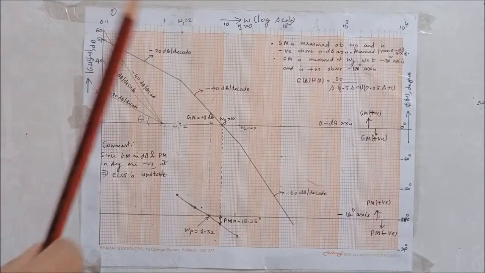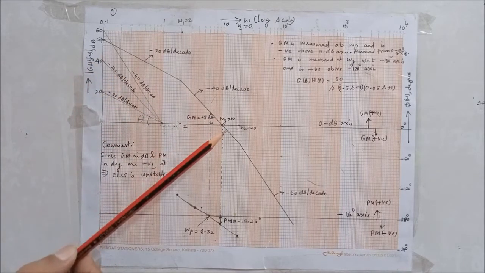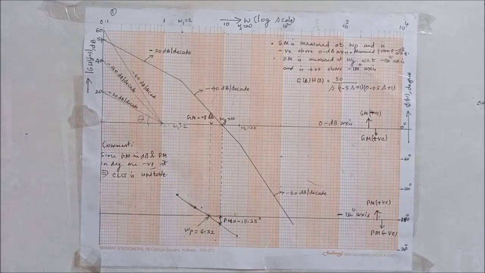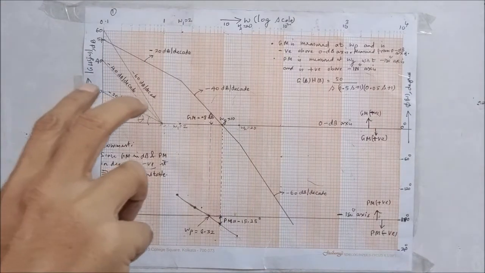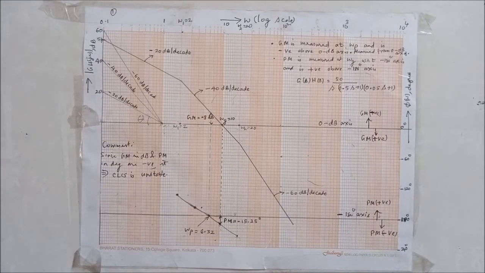It is to be understood that magnitude and gain margin are negative of each other. If magnitude is 2 dB, for example, then the gain margin should be given a minus sign. That's what I mean to say.